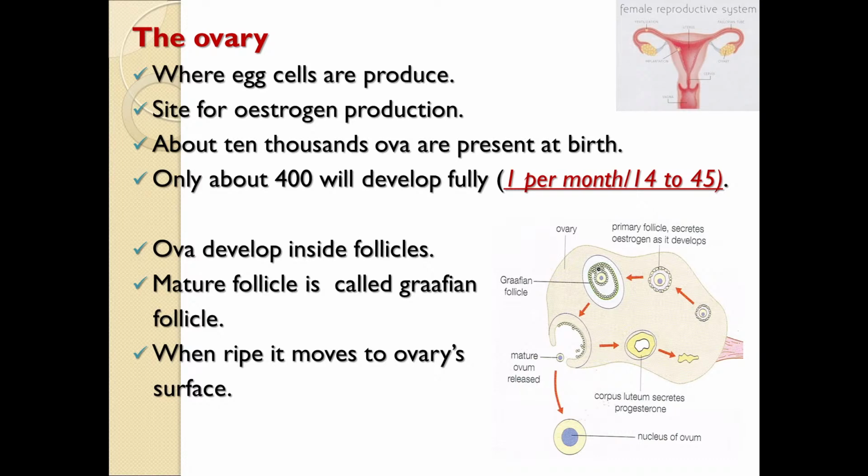When a female reaches menopause, that simply means she is not able to release any more eggs. All the mature eggs that her body is able to produce have basically finished. So that's what they are saying: only about 400 of the 10,000 eggs that females are born with eventually mature.